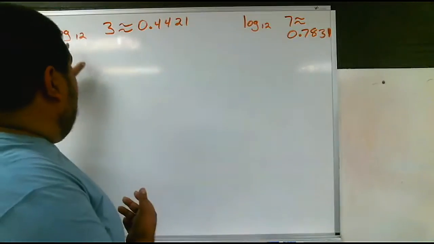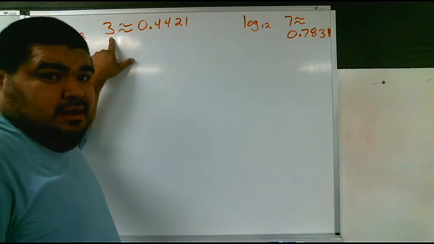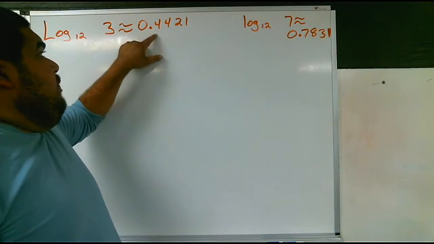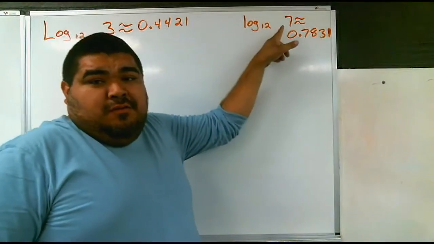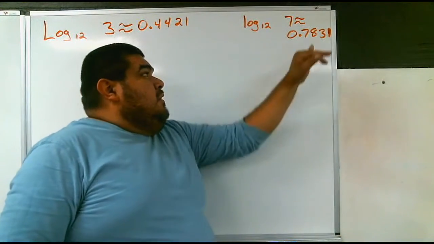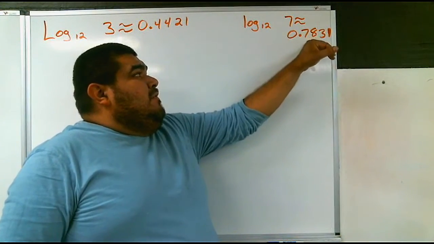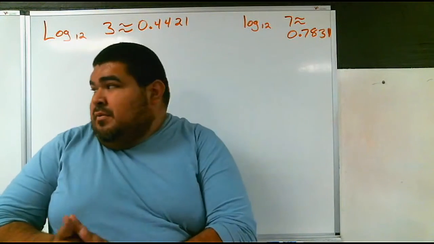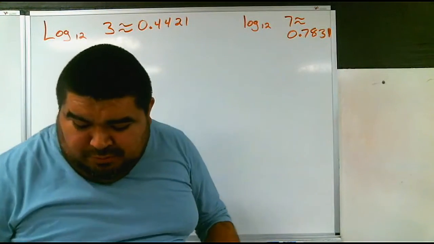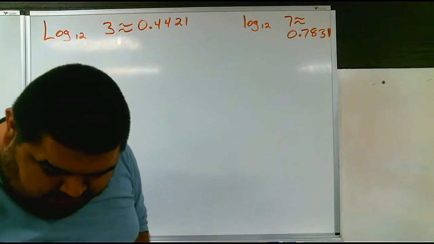So for log of 12 to the base of 3, okay, it's approximately 0.4421, okay. For log of 12, 7, it is approximately 0.7831, okay. I'm going to give you 4 examples or 4 problems to work out, okay.